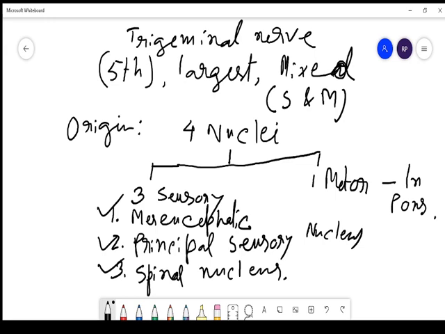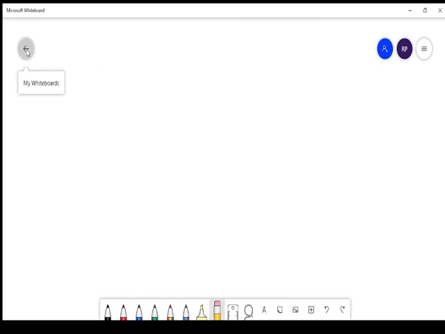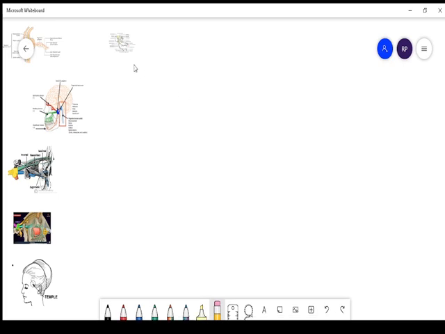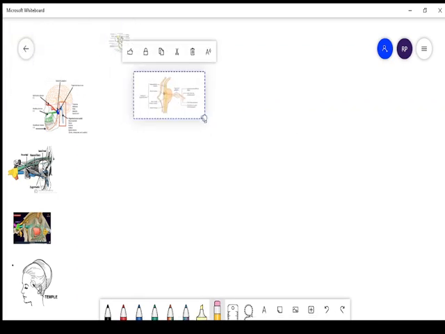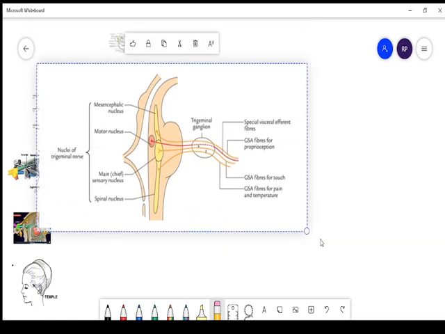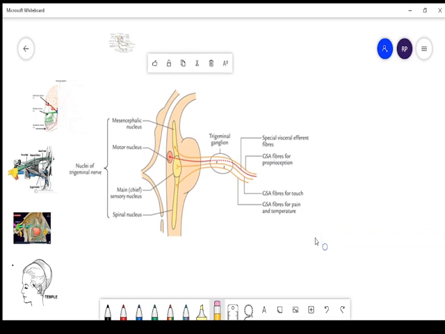Now we will see the picture. This is the brainstem.